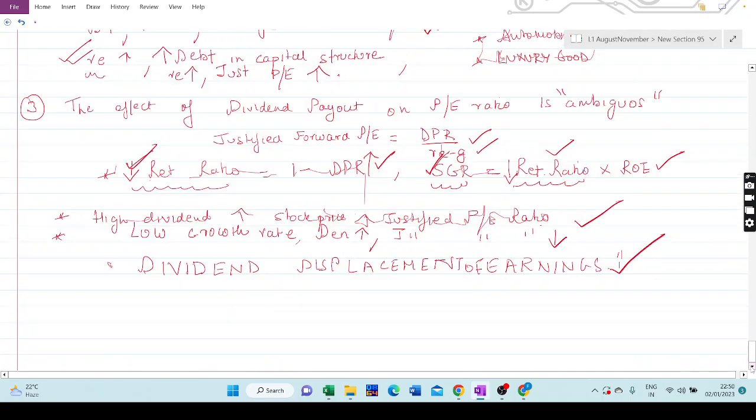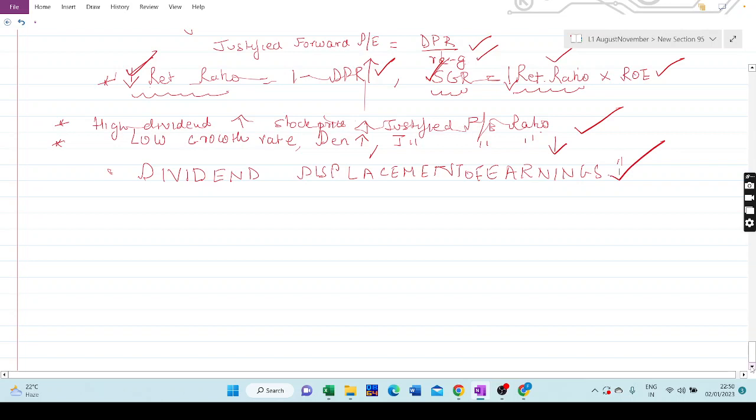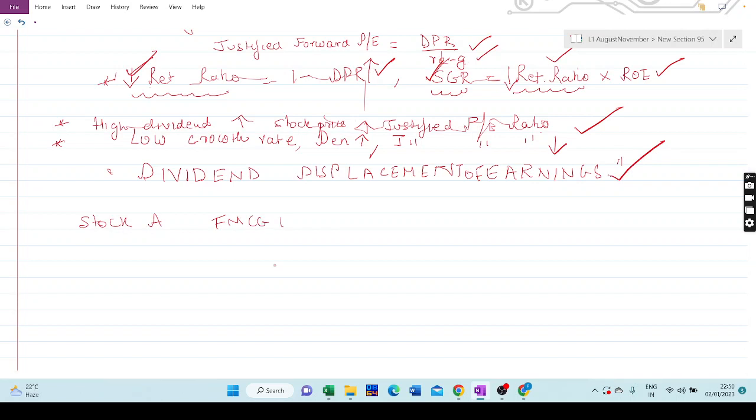Okay, so if it's clear, then solve these two questions. Stock A is in the FMCG industry, and the following are the fundamentals of stock A. Dividend payout ratio of stock A is 25% and the industry is 16.